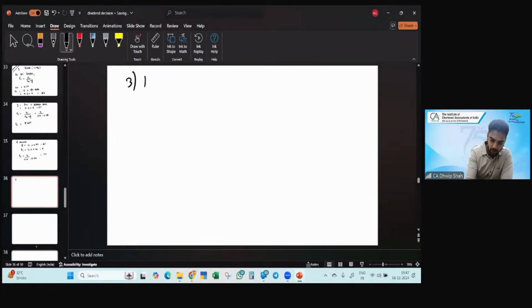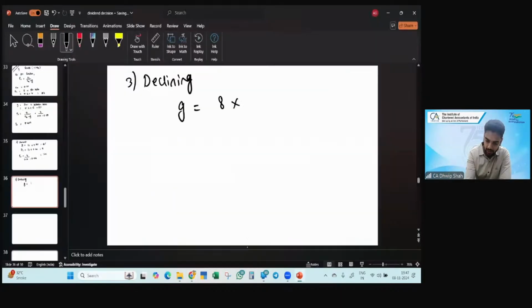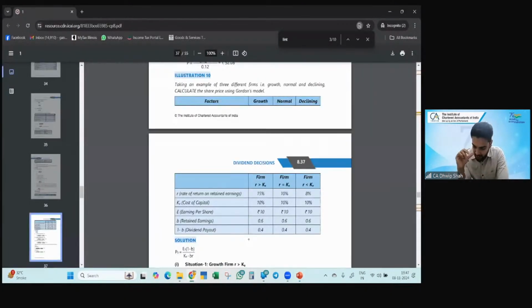And third, for the declining company. G is equal to 8 into 0.6, which is 4.8. Yes or no? Dividend will remain the same because earnings per share is 10 and payout ratio is 40%.